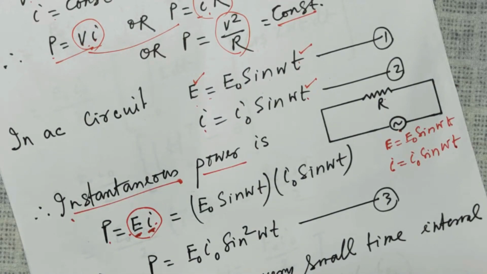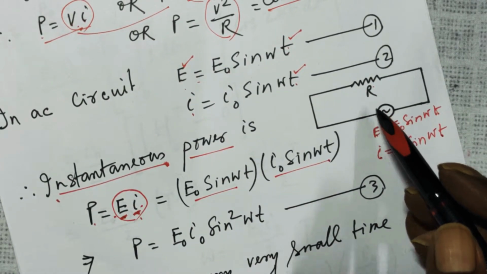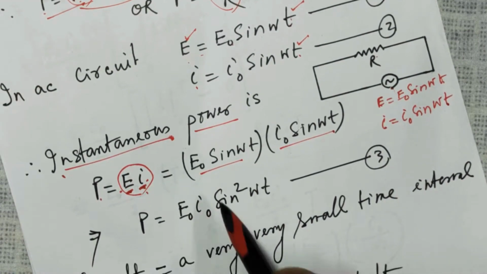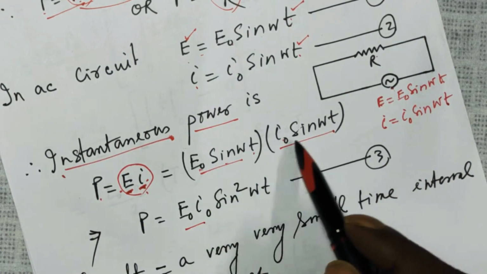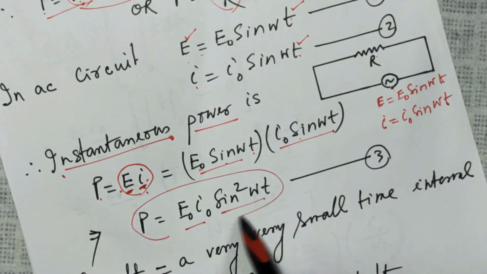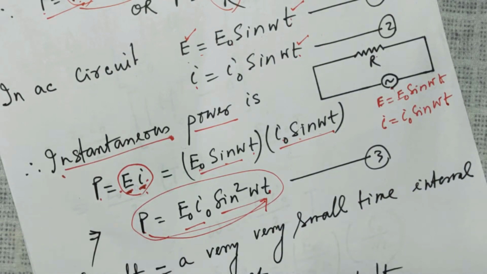So that will be the instantaneous power. So E is equal to E naught sine omega t, I is equal to I naught sine omega t for a resistance connected to an AC, that we have already derived in previous lessons. So the power is E naught I naught sine square omega t. This is the power at a time t, means if time changes, this power also changes.